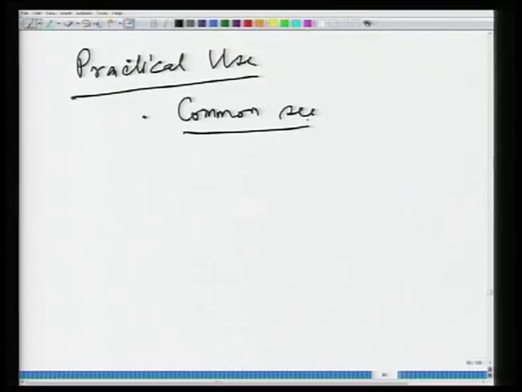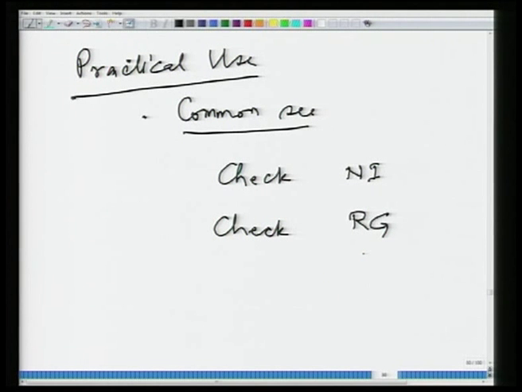Once you have that input output pairing from engineering common sense, and what constitutes engineering common sense would constitute the rest of the course, check neither Linsky index, check relative gain, alright, and if these are okay, you are alright.